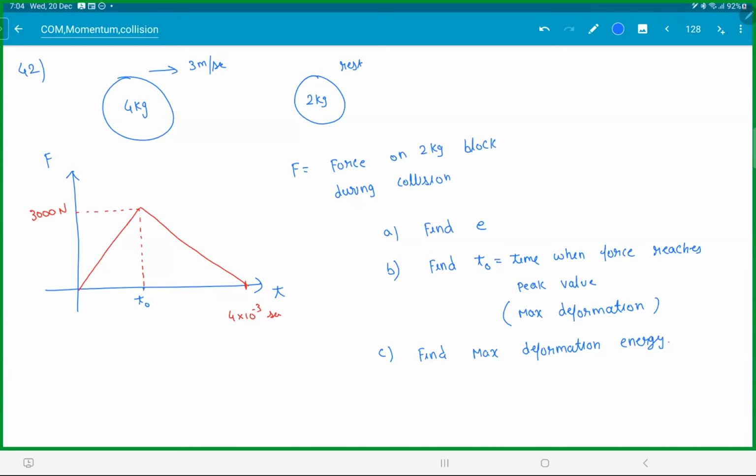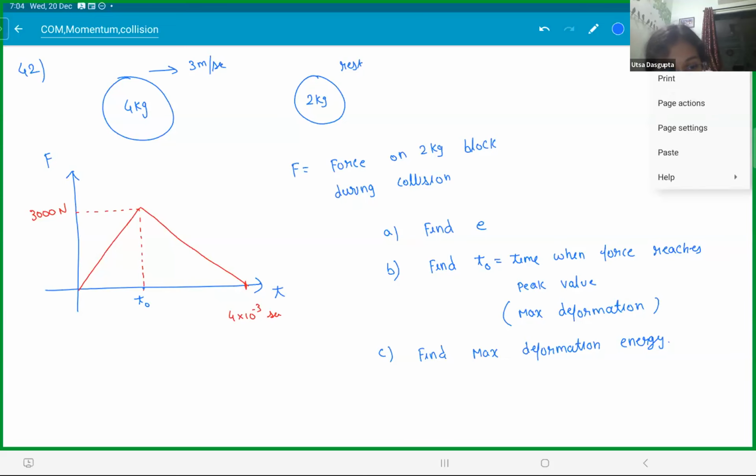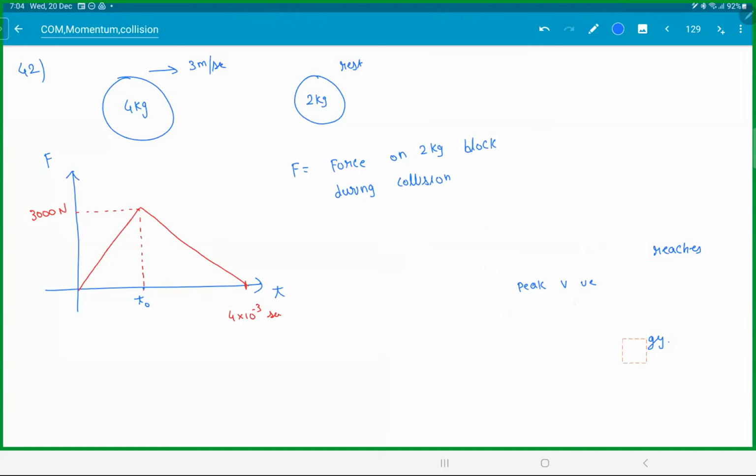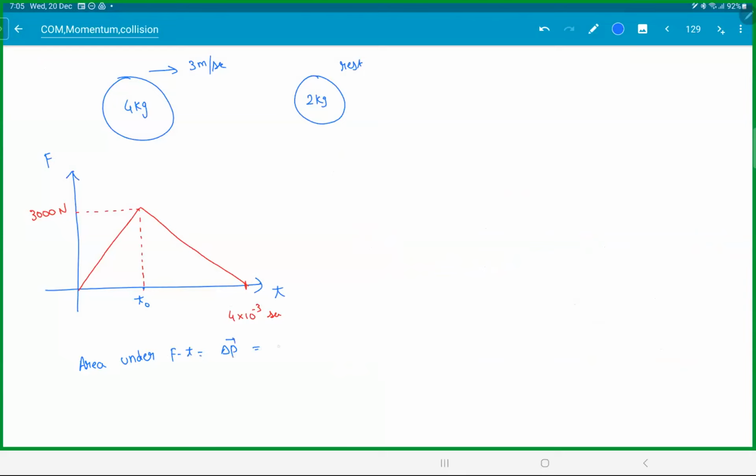See, what is the area under the F-T graph? Change in momentum. So indirectly, you got the change in momentum. The area under the F-T graph will give you change in momentum, so impulse basically, that is half into 3000 into 4 into 10 power minus 3, that is 6.